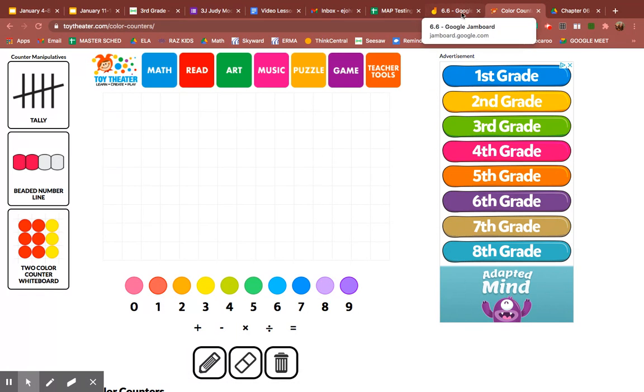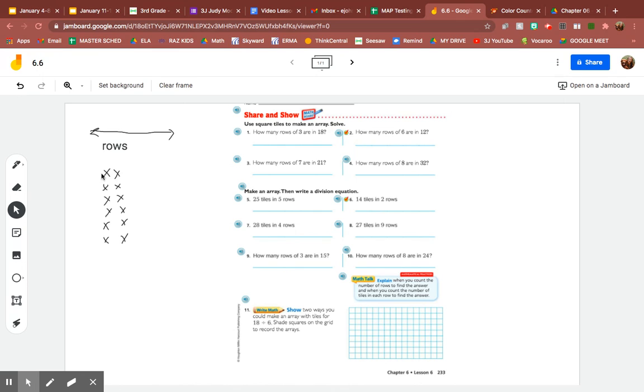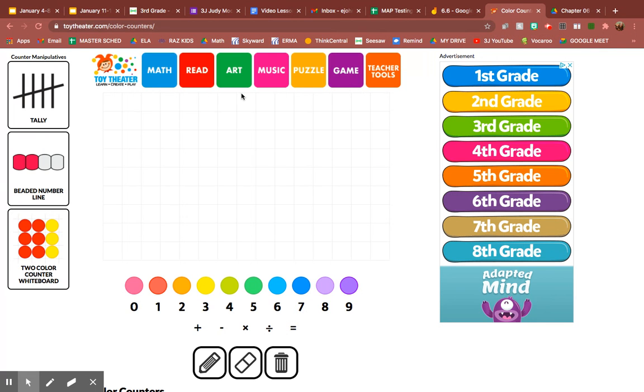You can just make X's on your paper like I did here, or circles. So how many rows of 3 are in 18? I'm doing problem 1. To figure this out, I'm going to make rows of 3 until I get to 18, just like we did with equal groups last week.